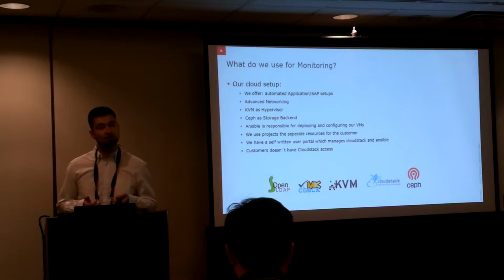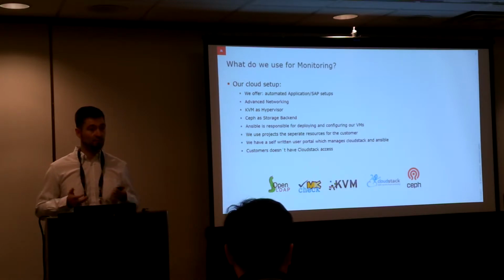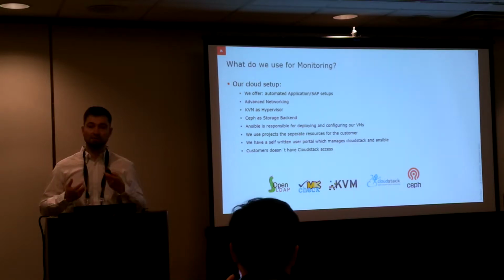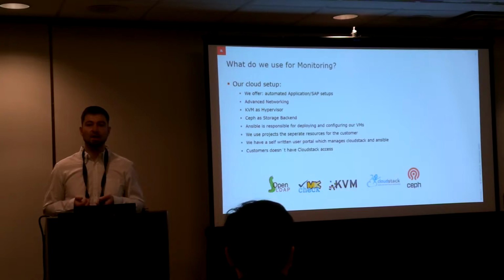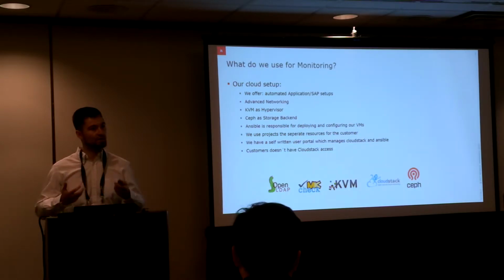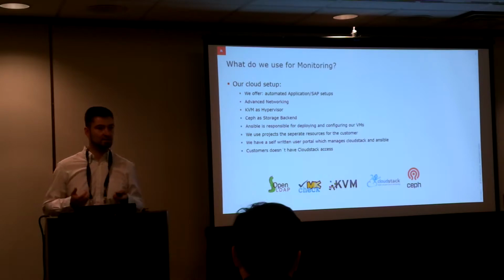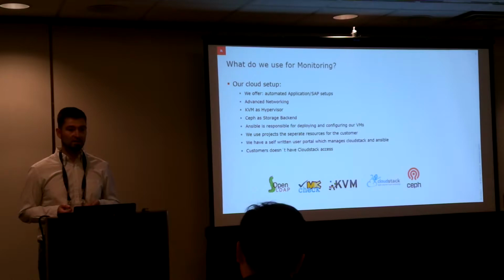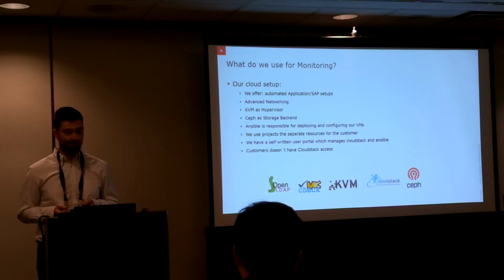For this automation, we use Ansible, for all our tasks, for infrastructure setup, and also for the application setups. And we have a self-written portal which abstracts away all the APIs and tools we use in our landscape to give the user a unique experience with one portal where he can trigger his actions and install his systems. So that means the customers don't have direct CloudStack access in our landscape.